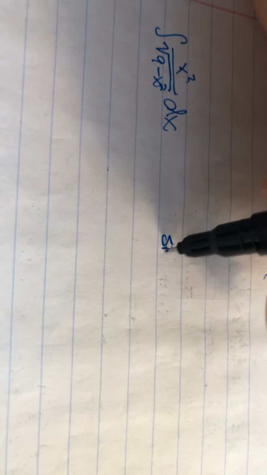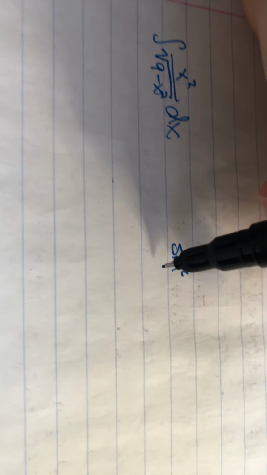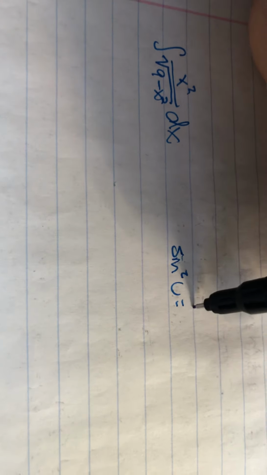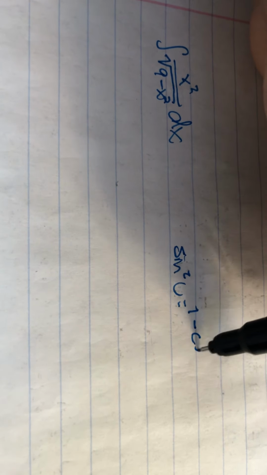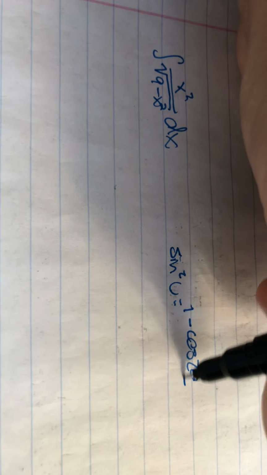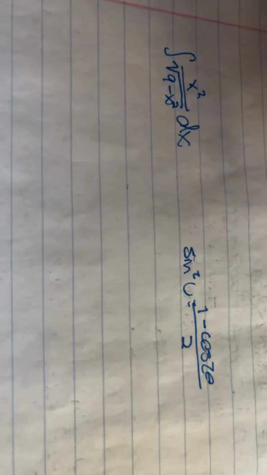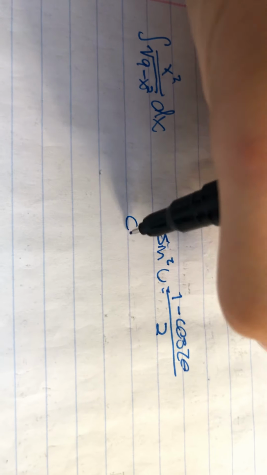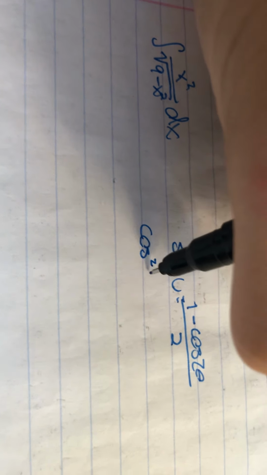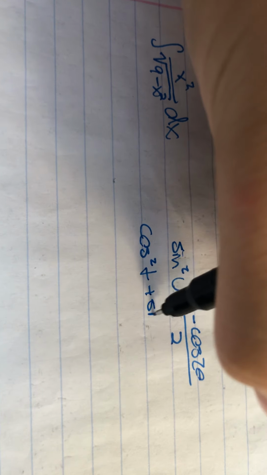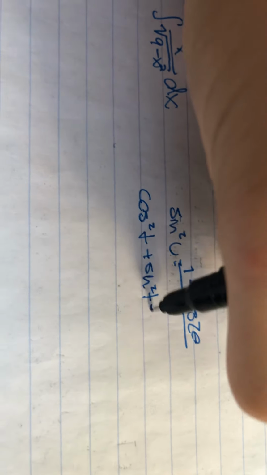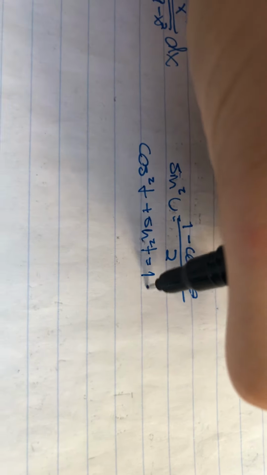So we have sine squared of u is equal to 1 minus cosine of 2 theta over 2. We also have, as we all know, cosine squared of t plus sine squared of t equals 1.